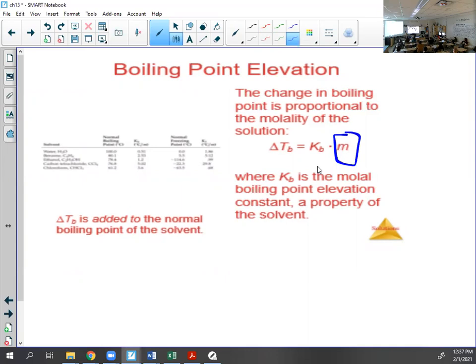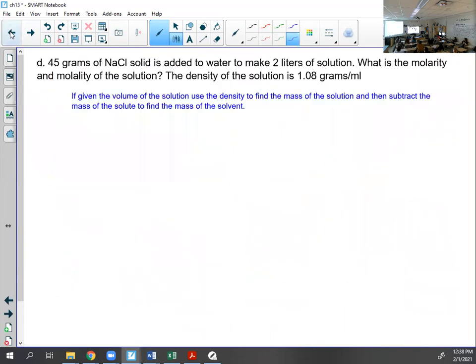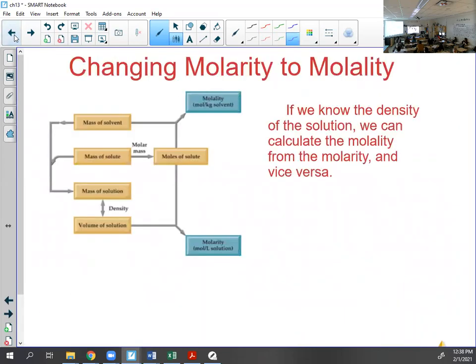Because if we use molarity, we'd have to have a temperature fudge factor for every single problem. So we aren't here yet, but the whole reason we're finding molality is for these colligative properties, they're coming up soon. In fact, right there.